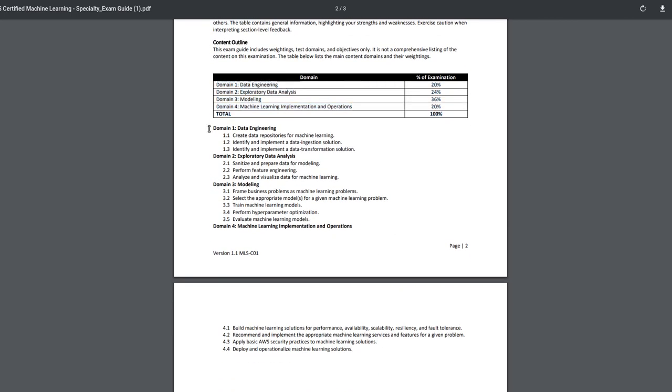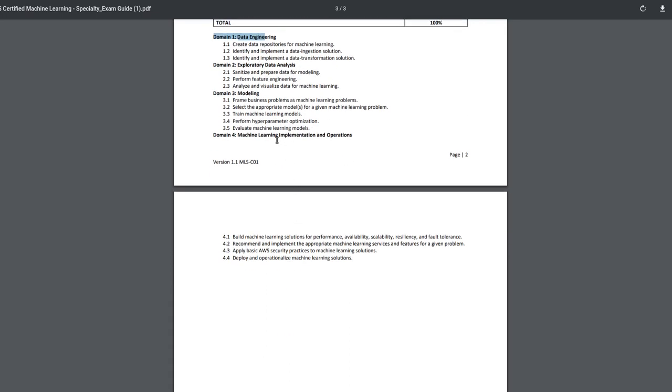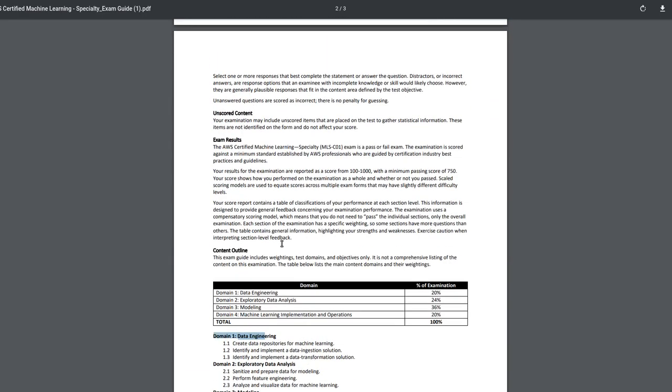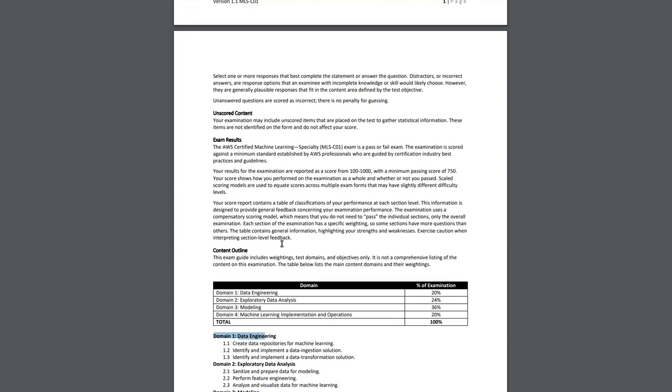And then for each domain, what AWS is looking for: data engineering, exploratory data analysis, modeling, and machine learning implementation and operations. So this is very brief, but it gives you a starting point to prepare for this examination.